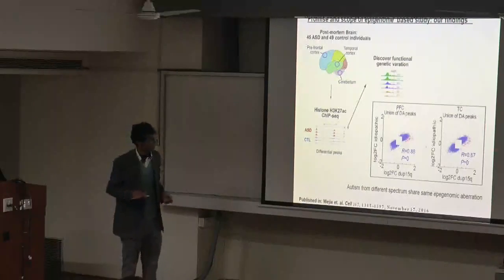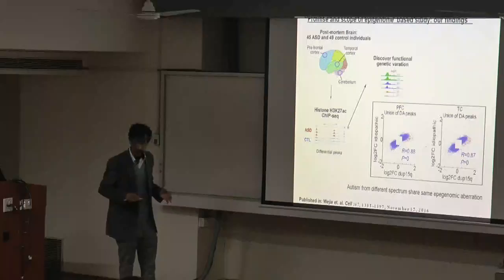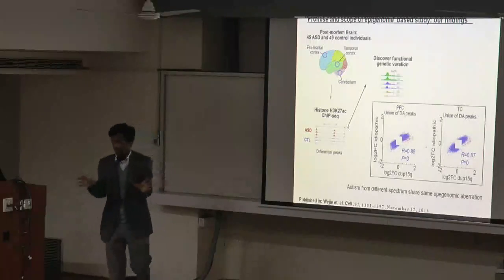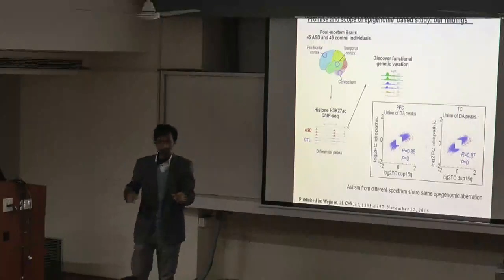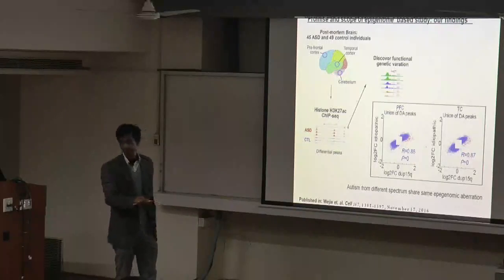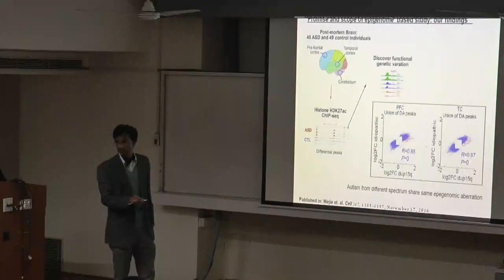What we found is that there are different kinds of autism, like idiopathic, or because of the duplication of a region in chromosome 15, called 15q. We found that the differential peaks from these different spectrums are almost the same and have the same direction. This is the big surprise for the field. Why?